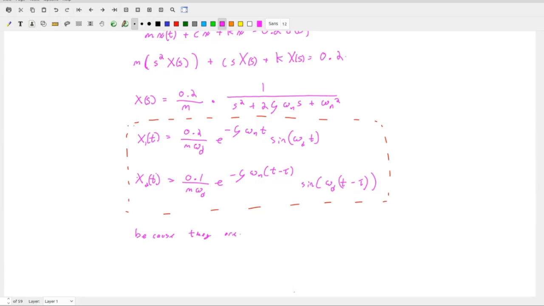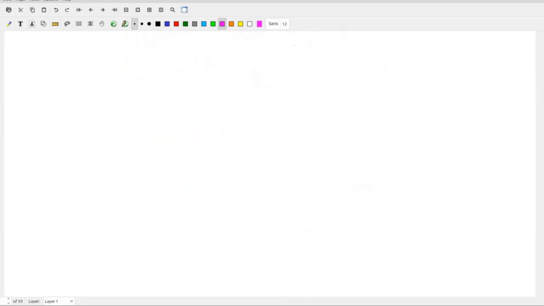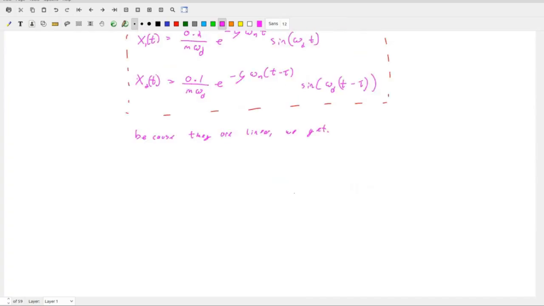Because they are linear, we get a piecewise function which looks like this.